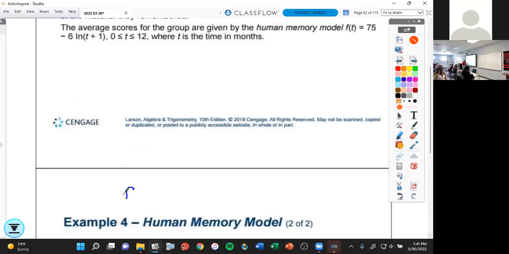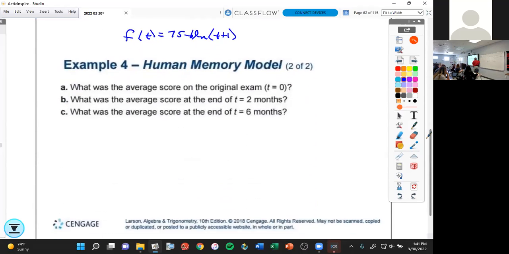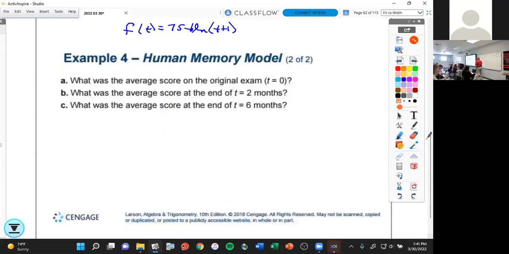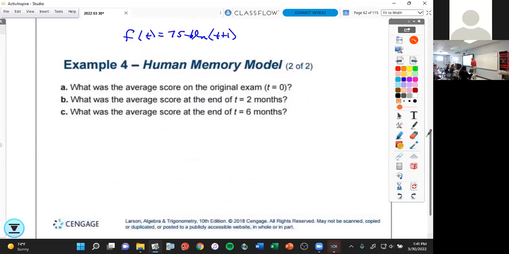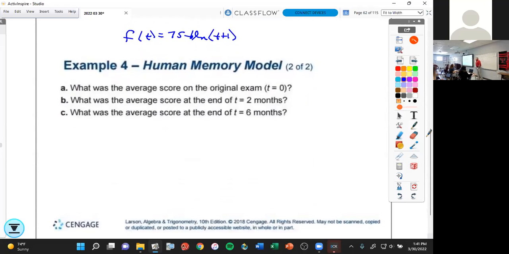Okay, so f of t equals 75 minus 6 natural log of t plus 1. We're going to answer a few questions about this. What is the average score on the exam? We just finished the lectures and we're taking the test.